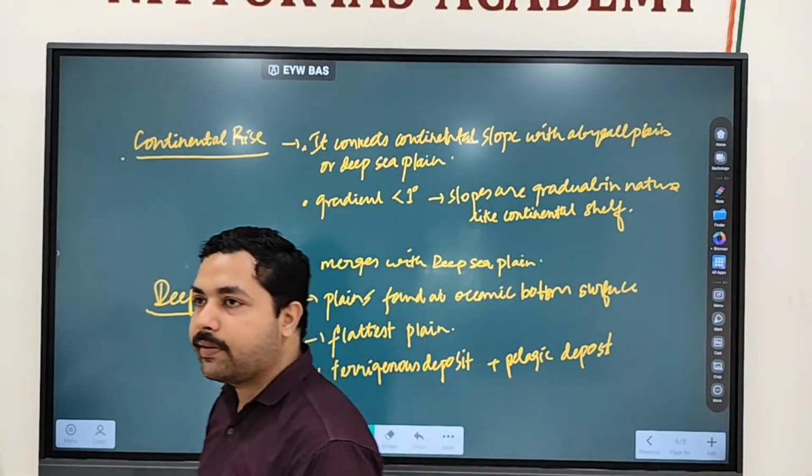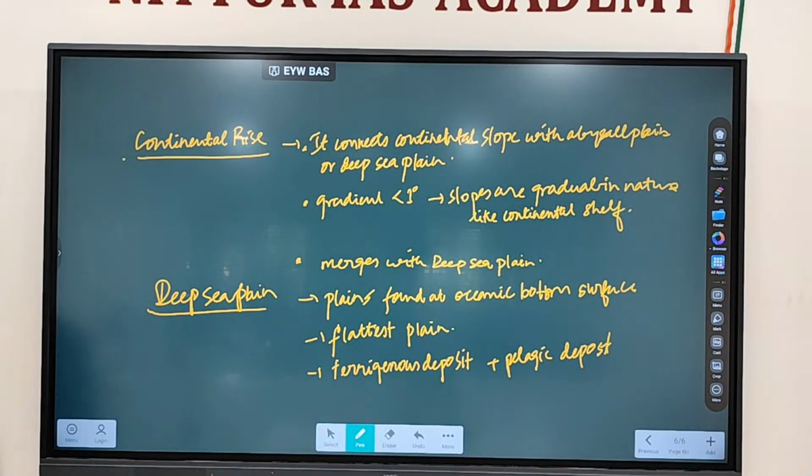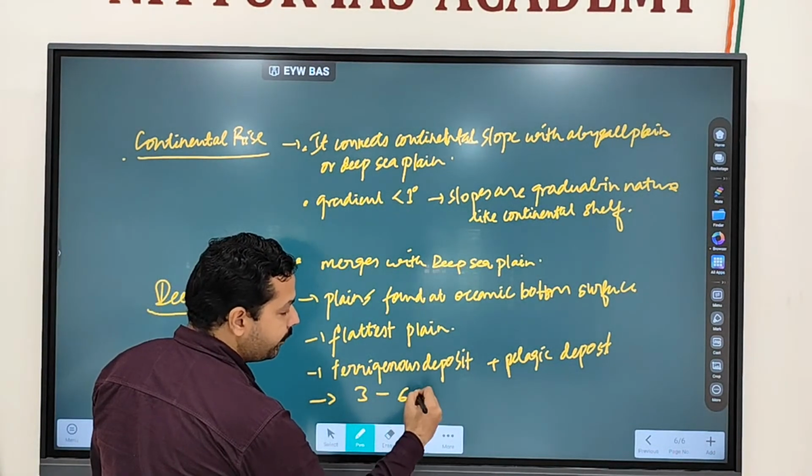Clear? So they are the flattest plains. They contain both types of deposit, terrigenous deposit and pelagic deposit. How much is the depth going to be? The depth varies between 3 to 6 kilometers.